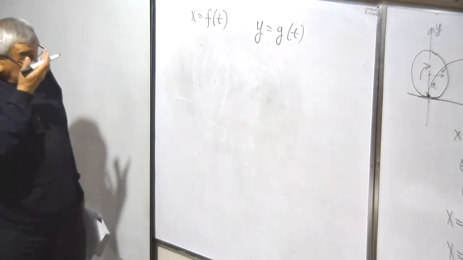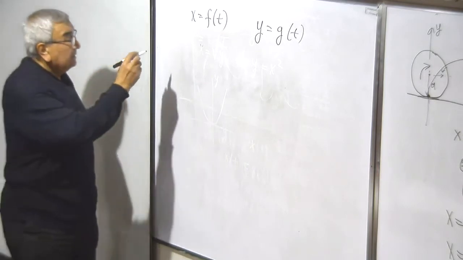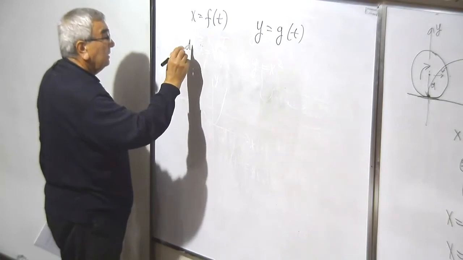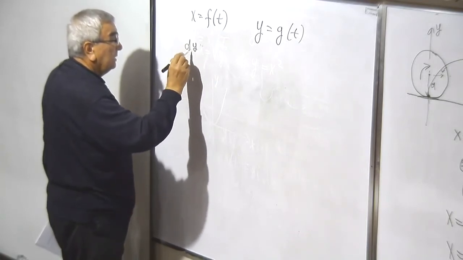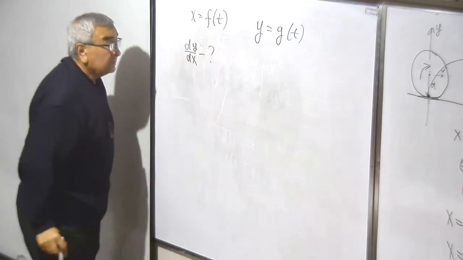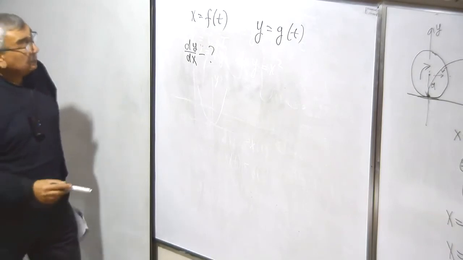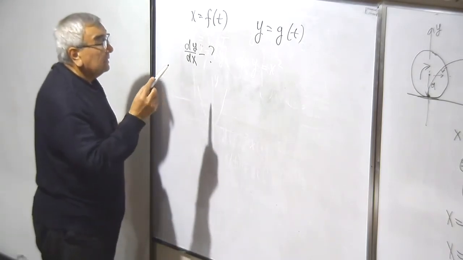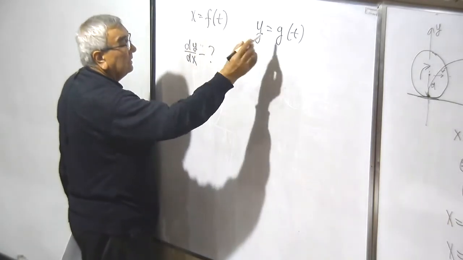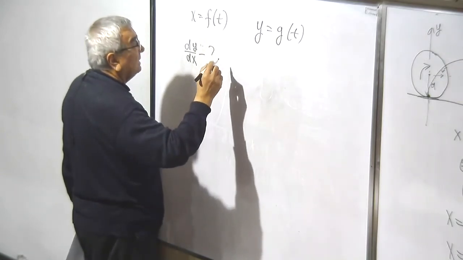Let us now, I will define this derivative. That means the derivative of y with respect to x. How to define these derivatives? That means to find the derivative, you can use a formula where it is possible to take the sum for this and to take the limits.